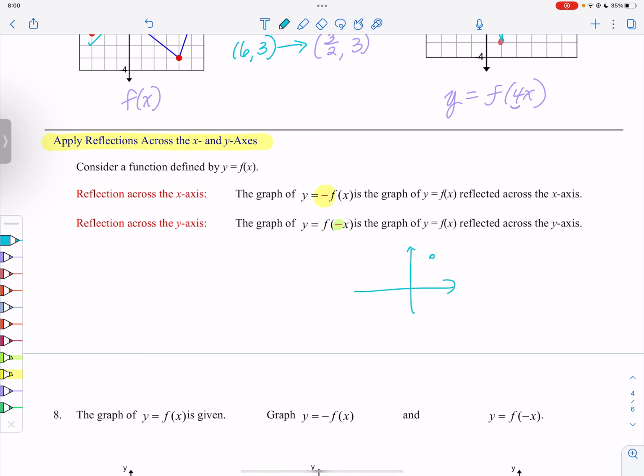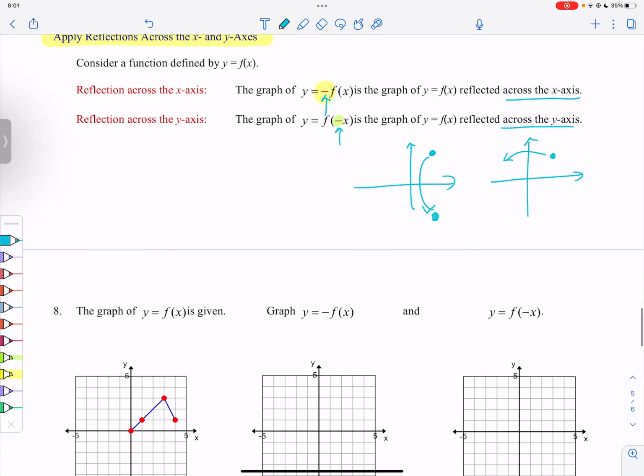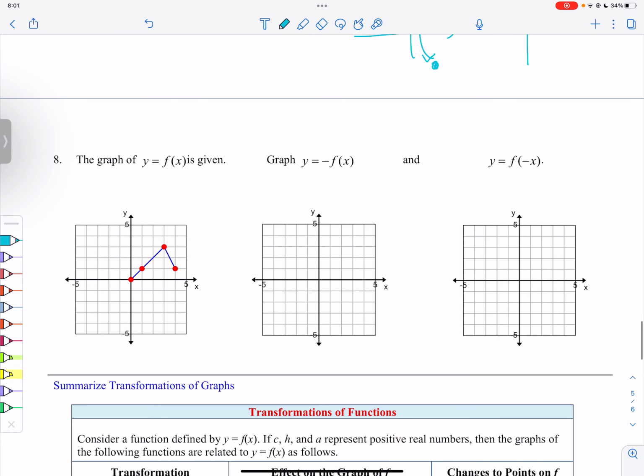If our y value was here and now we're taking the opposite of it, we're going to end up down here and reflect across the x-axis, okay? Likewise, if you had a point here and you were then taking the opposite of that x value, you are going to reflect across the y-axis if the value is in there. So let's give a few of these a try.